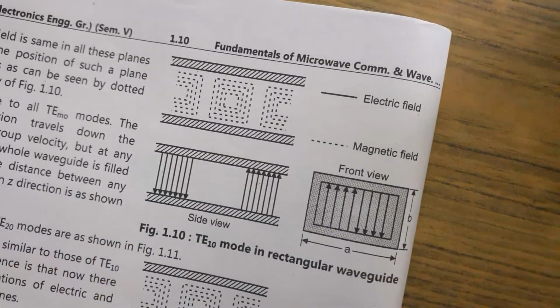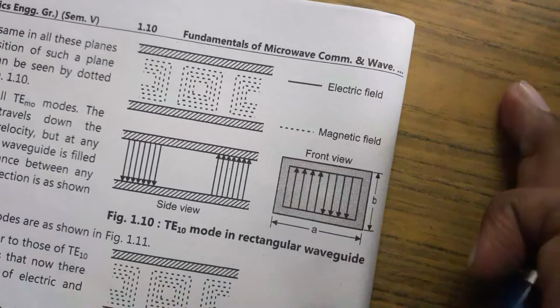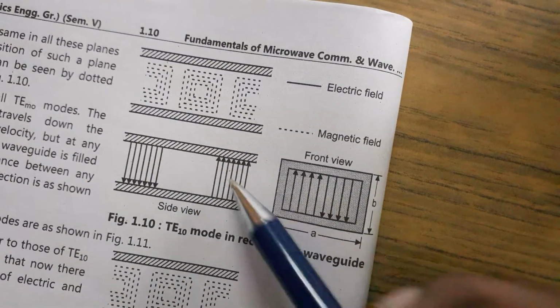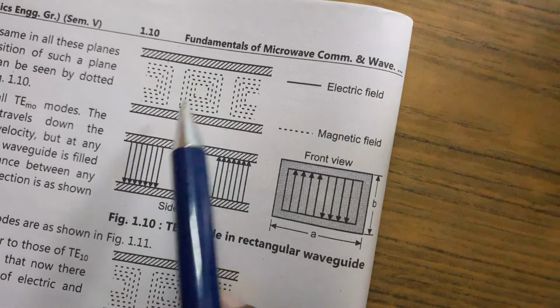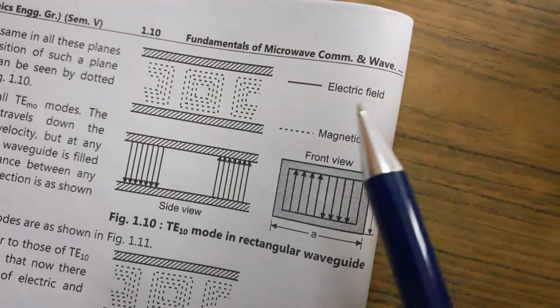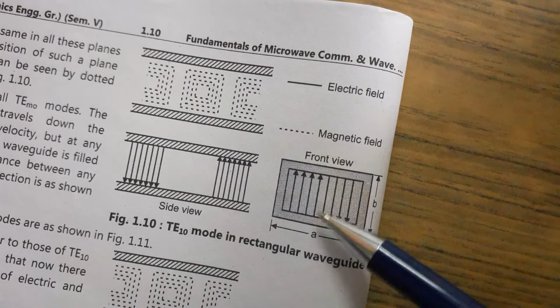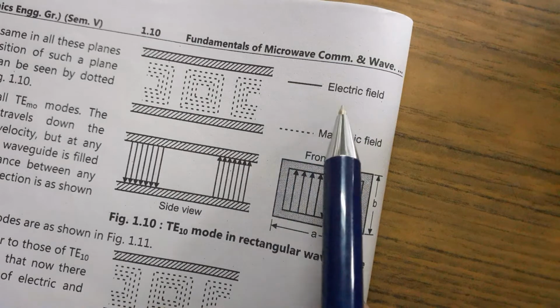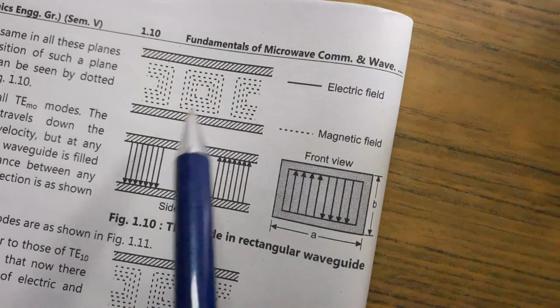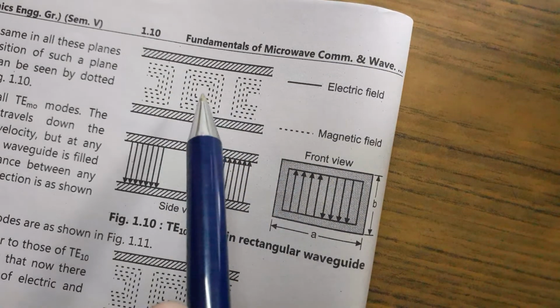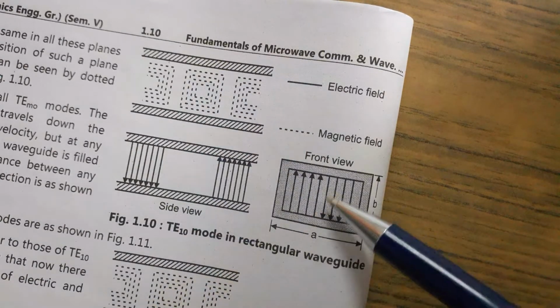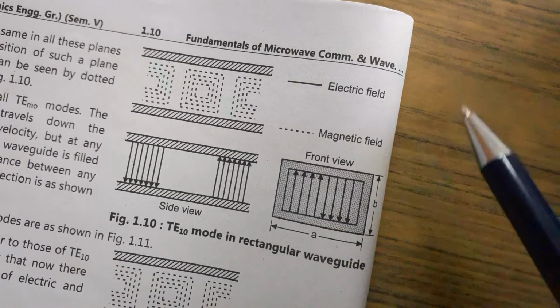Here we will go, here TM10 mode of rectangular waveguides. You will observe these are the electric fields and these are the magnetic fields. Here this is a top view and this one is the front view. The solid line will be electric fields and the dotted line will be magnetic fields. Always remember magnetic fields should be circular, and the electric fields will be horizontal.